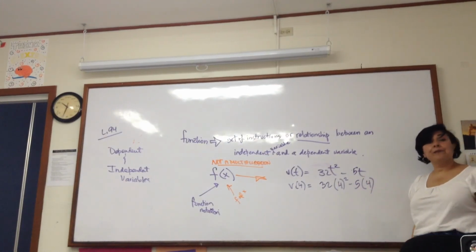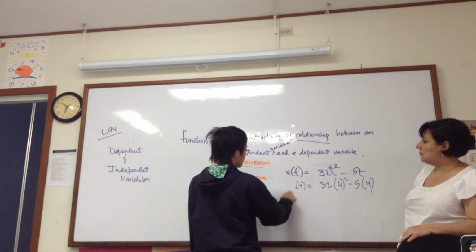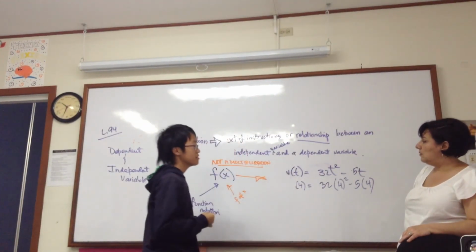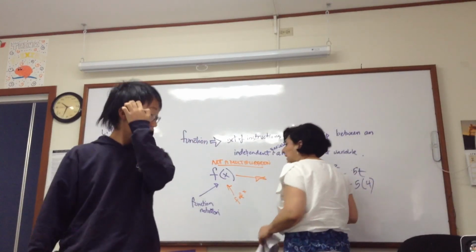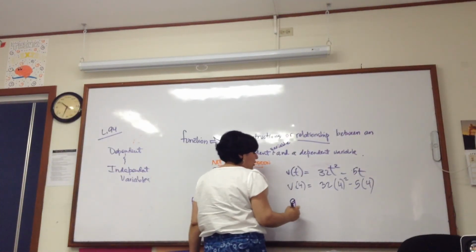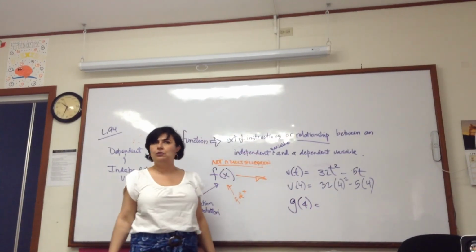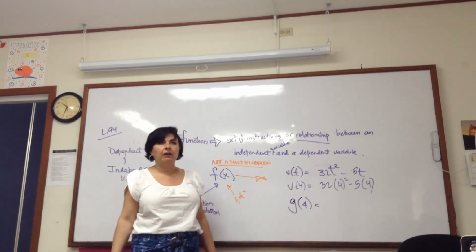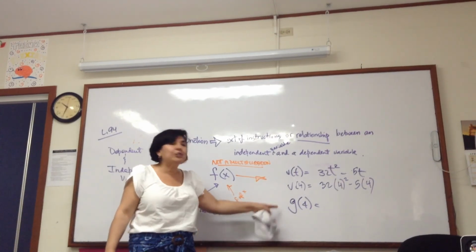Yes? Just wondering, but I remember seeing a question that says like g and then this is just like a random letter. Would this change anything or no? Okay, yes. Let me say something. If I give you this information and then I ask for g of 4, what would you do? You can't do anything.